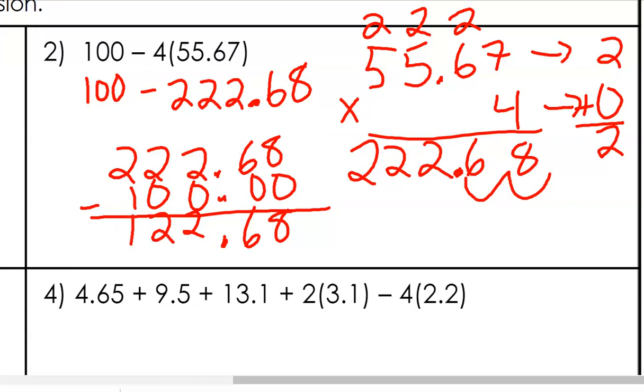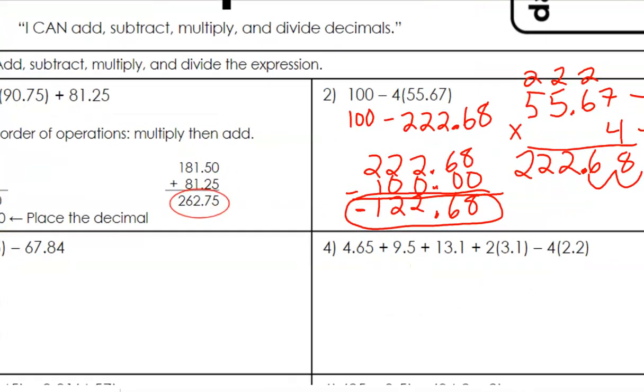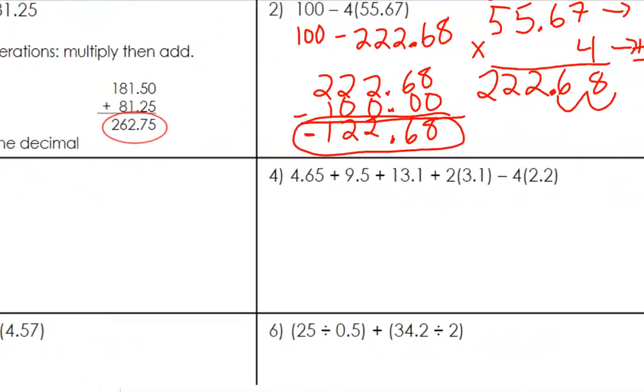And remember, it's going to be a negative answer. So our answer here is going to be a negative 122 and 68 hundredths. Okay. So now let's go to a different one.